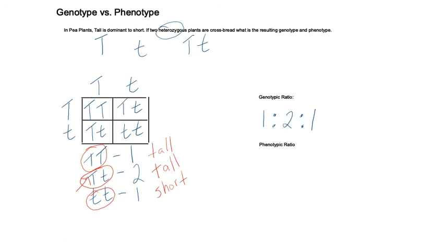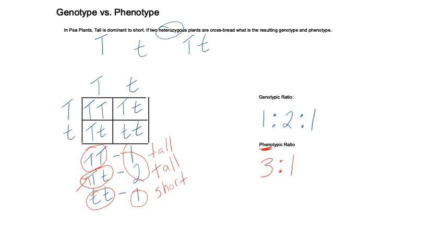In my phenotypic ratio, I'm comparing what's outwardly going to happen, what's actually going to show that physical characteristic. So in this case, I have 3 that are going to show as tall and 1 that is going to show as short. So my phenotypic ratio is going to be 3 to 1, 3 tall to 1 short.